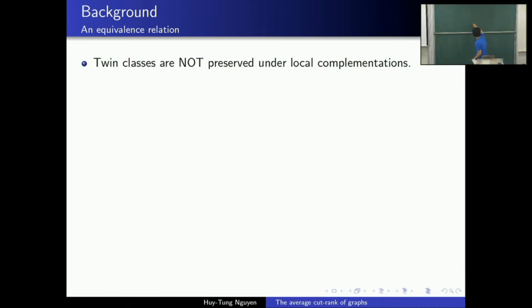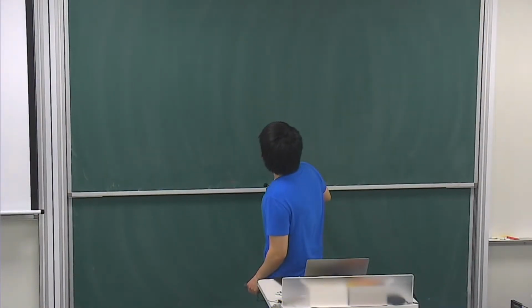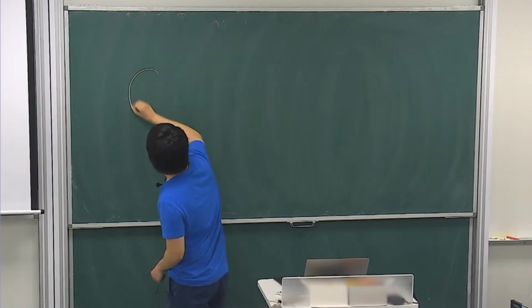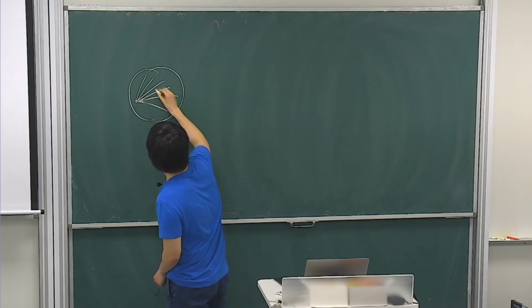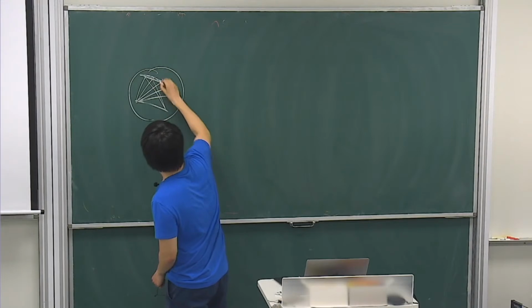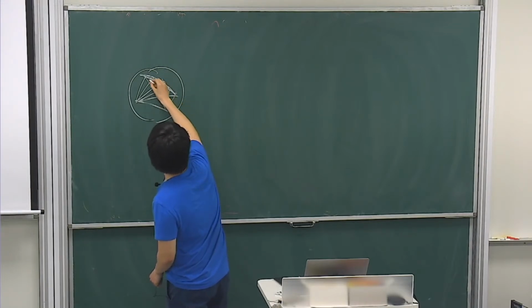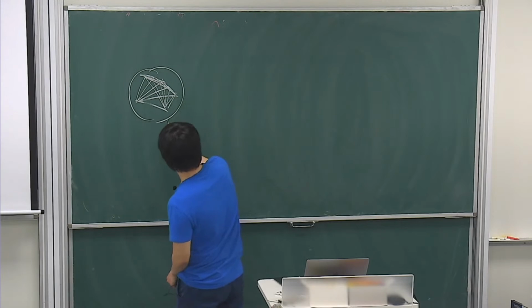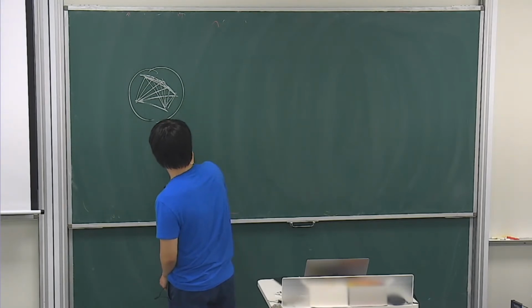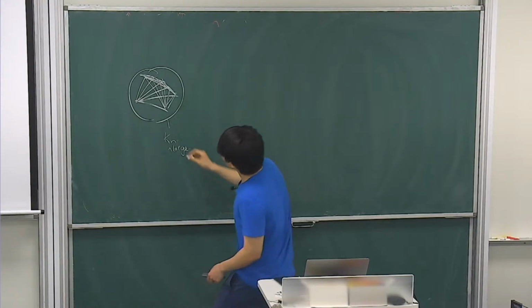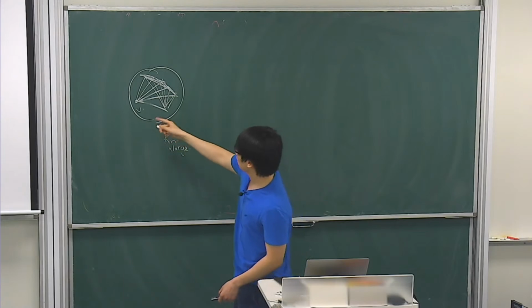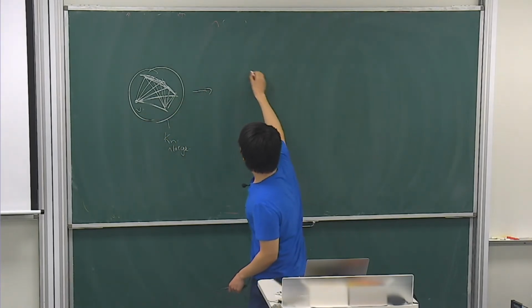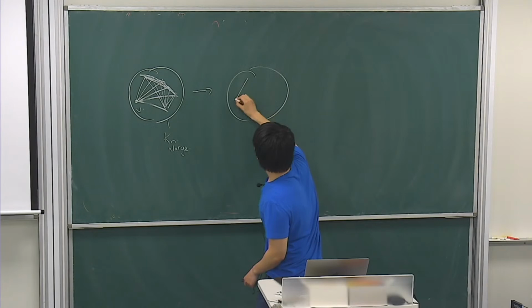For example, let's say this is a big clique, K_n, or L large, and here is a vertex V. If you locally complement V, then what you get is a star.